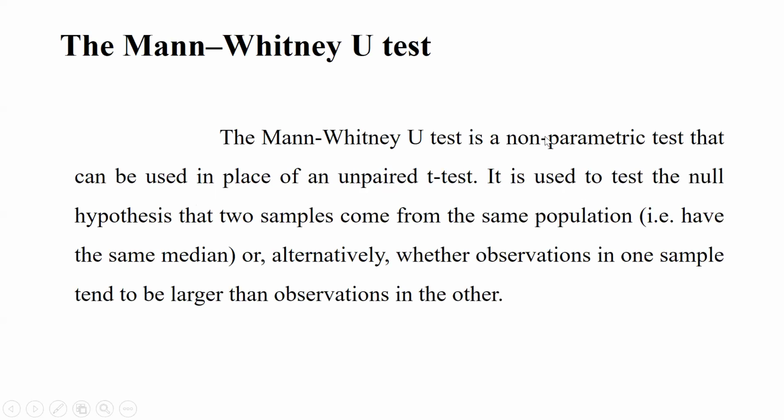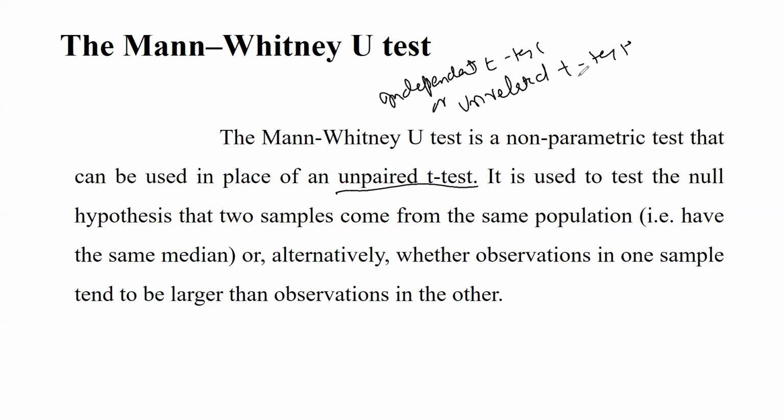Basically, there are three names. We can say unrelated sample t-test, or unpaired t-test, which means independent t-test. Another name is unrelated t-test or unpaired t-test.